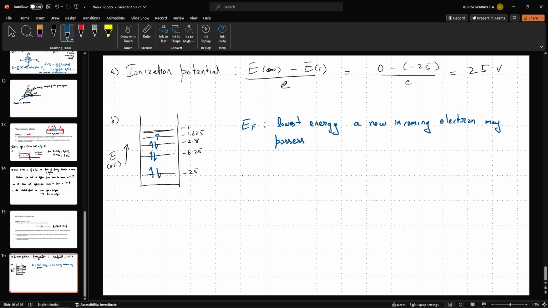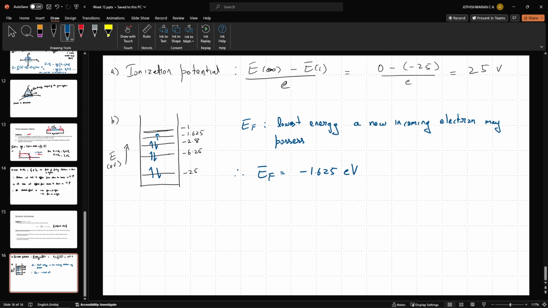So what I will do is, no, I don't have to do anything. In this case, therefore, EF is equal to minus 1.625 electron volts.